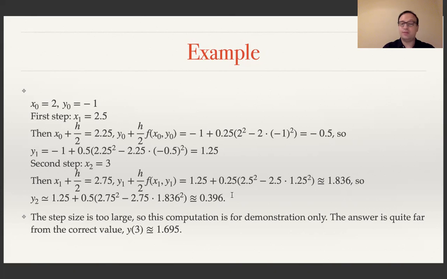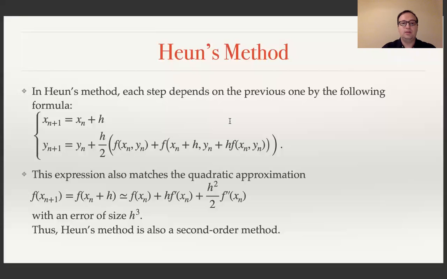This is not a very good approximation because the step size 0.5 is much too large. But in any case, this is how the midpoint method works. So there are infinitely many possible second order methods. Let me just mention one more.